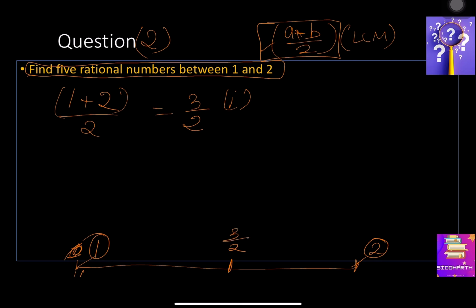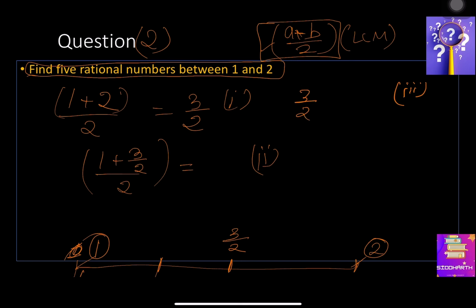Now as I said, 1 plus 3 by 2 by 2 will give you the next number. So this will come here. This will be the second number. The third number will be 3 by 2 plus 2 by 2, so I'll get another number here.